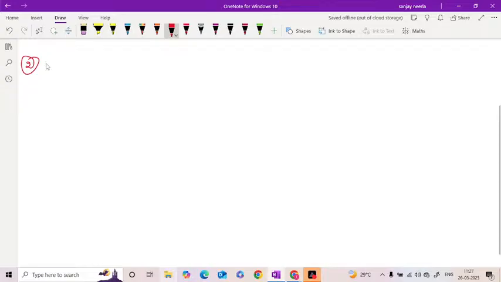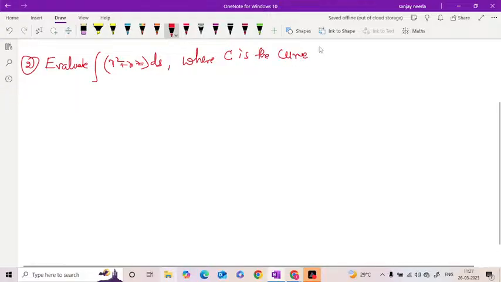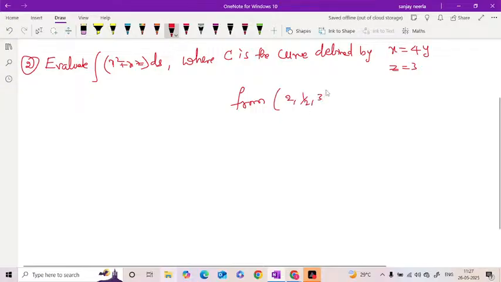Second one. So evaluate the line integral of x square plus xz into ds, where C is the curve defined by x is equal to 4y and z is equal to 3, from the point 2 comma 1 by 2 comma 3 to the point 4 comma 1 comma 3.